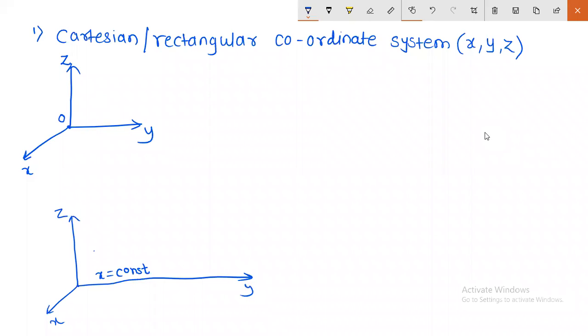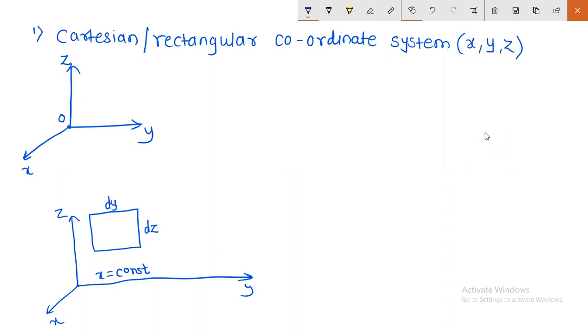Your y-axis is in this direction, and z is in the vertical direction. If we take the differential surfaces here, these horizontal components are showing dy, and these vertical components are showing your dz.